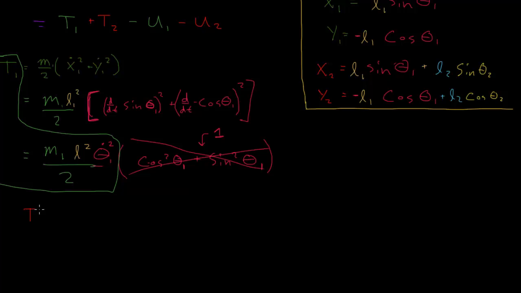So T2 equals, much like this one, m2 over 2 times x2 dot squared plus y2 dot squared. Now if we substitute these in, these are a little bit longer, so it's going to be a little bit more complicated.